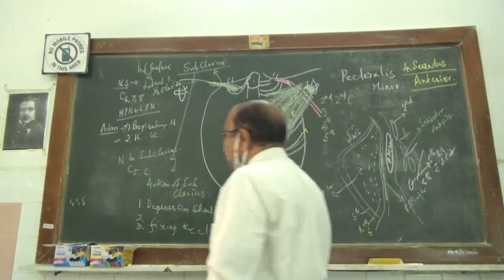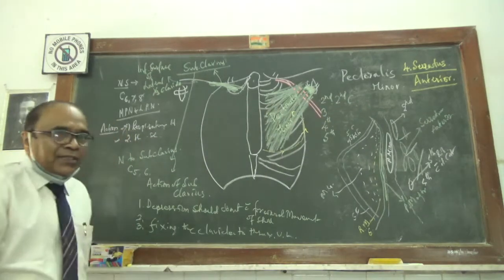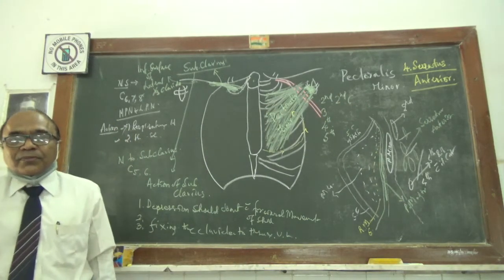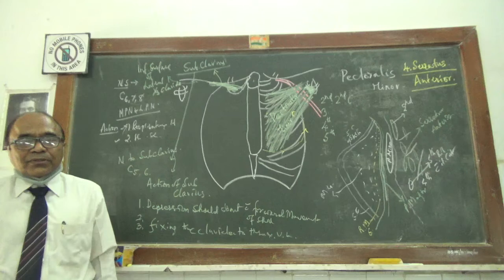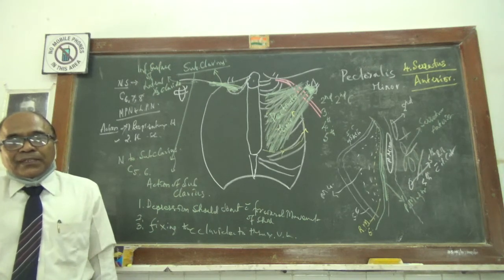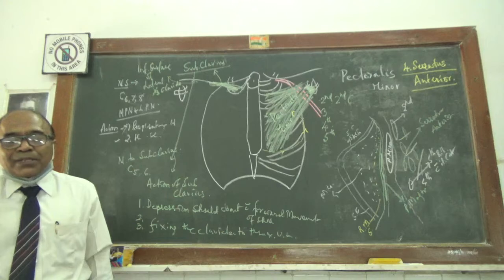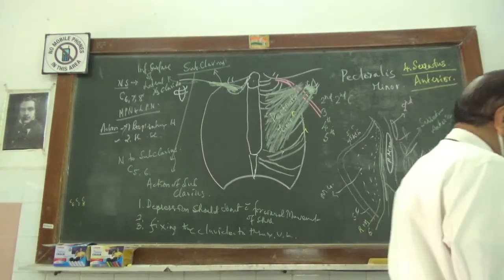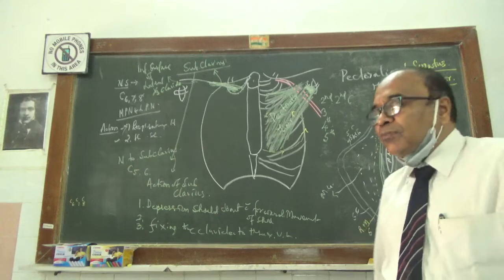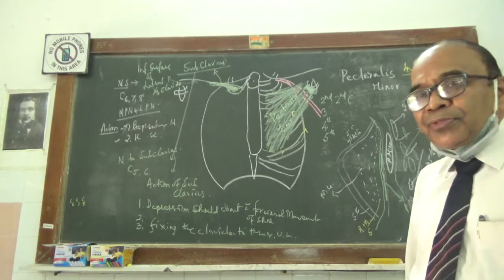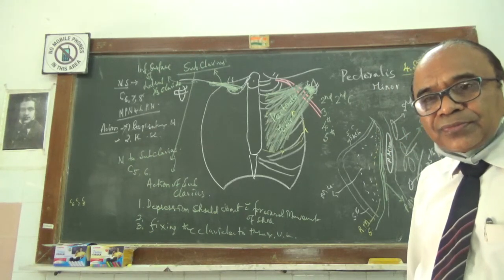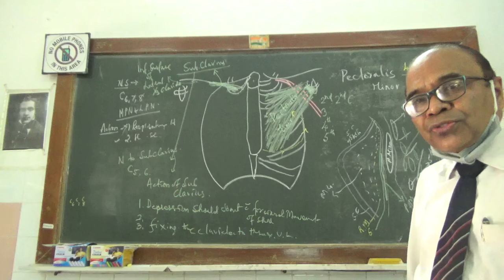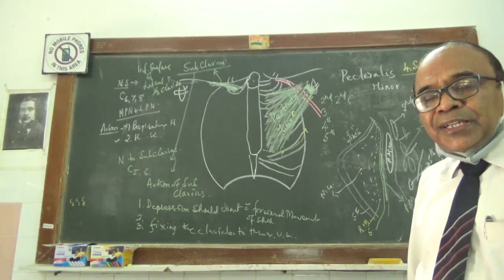Now this serratus anterior muscle takes origin from the upper 8 digitations of the ribs, those are the upper 8 ribs.